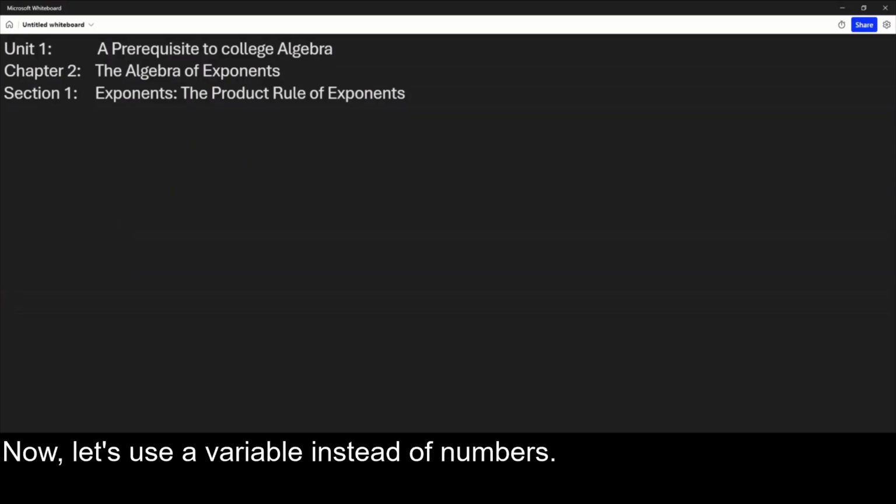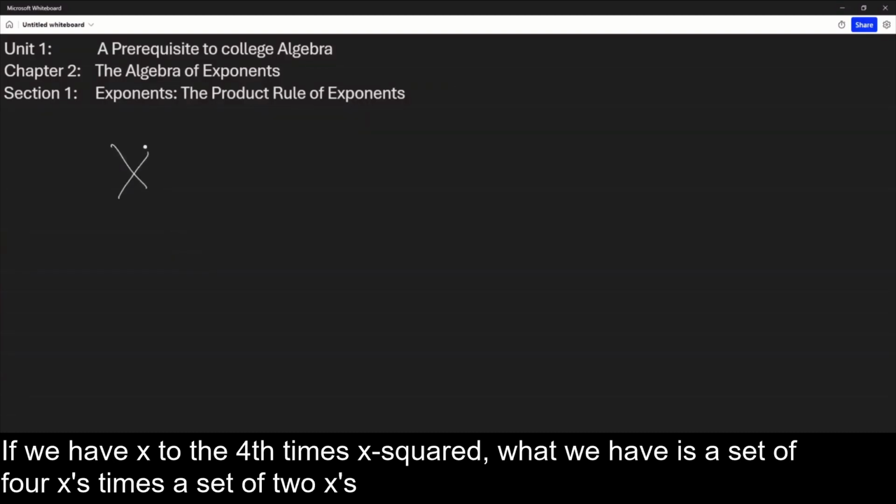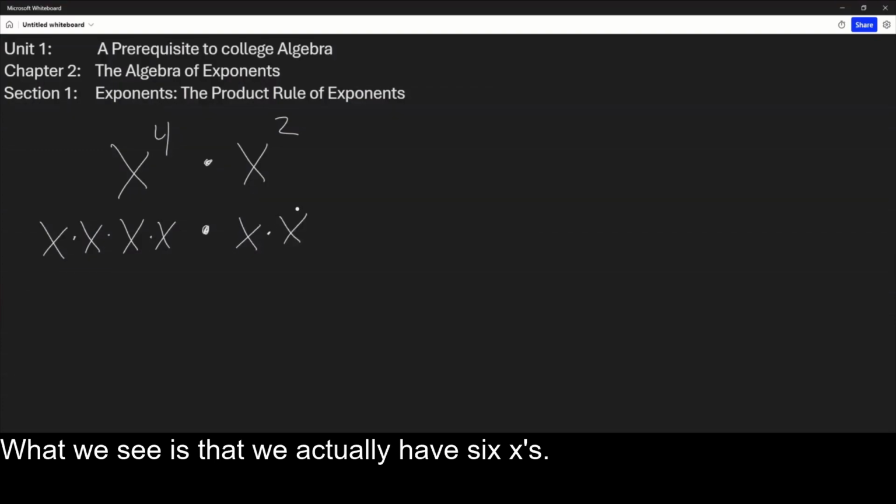Now let's use a variable instead of numbers. If we had x to the 4th times x squared, what we have is a set of 4 x's times a set of 2 x's. What we see is that we actually have 6 x's.